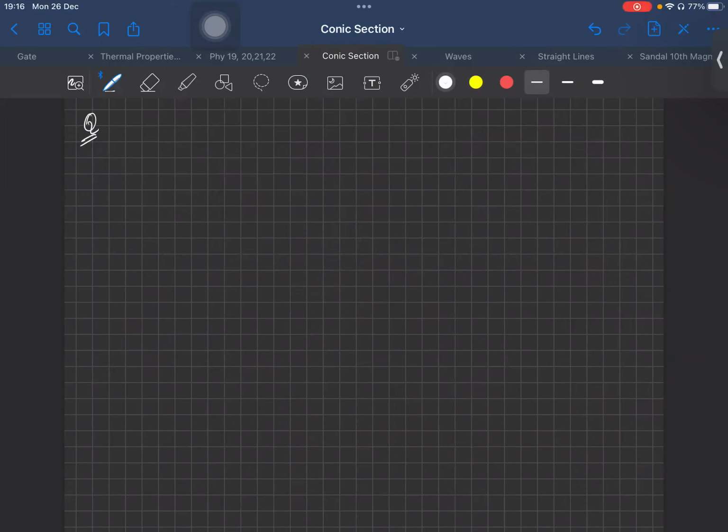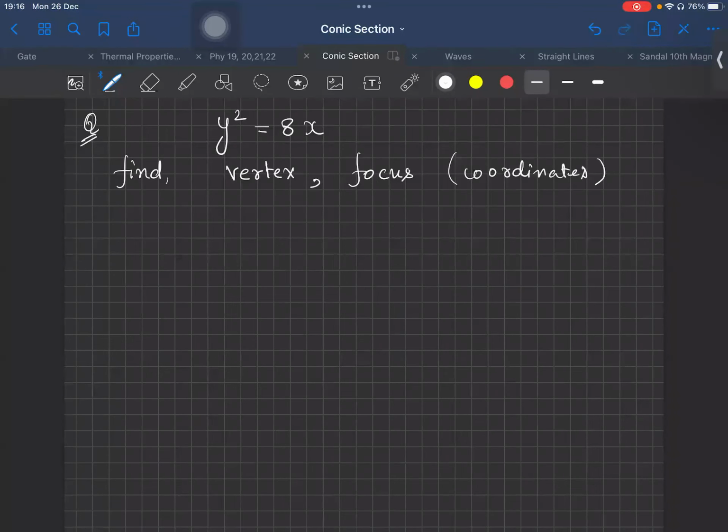Write down: you are given a parabola y square is equal to 8x. Find the coordinates of the vertex, focus, and the length of latus rectum. Ends, no need to find ends.